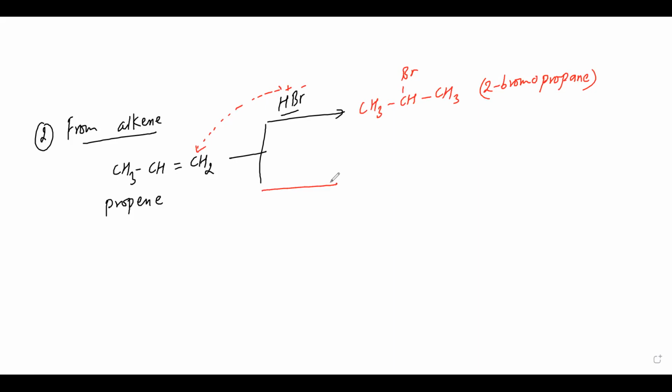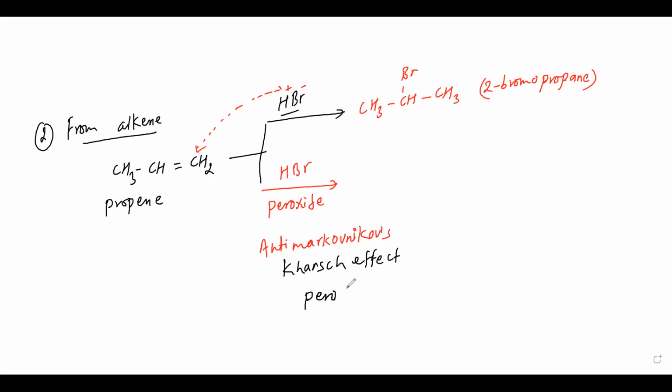But if there is a presence of peroxide, organic peroxide, then it follows anti-Markovnikov's rule. Anti-Markovnikov's rule is also called Kharasch effect or peroxide effect.